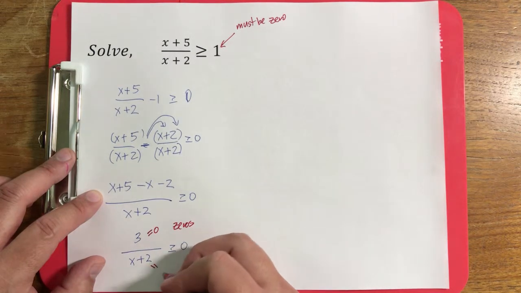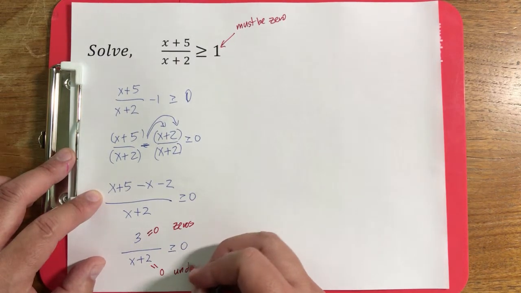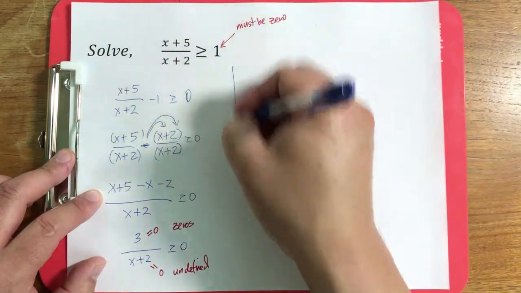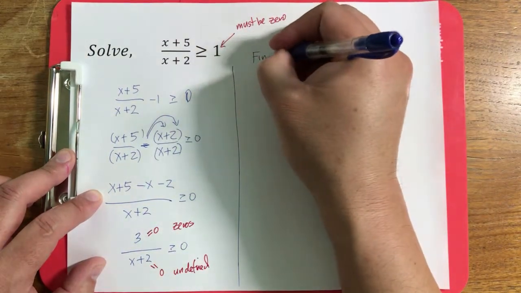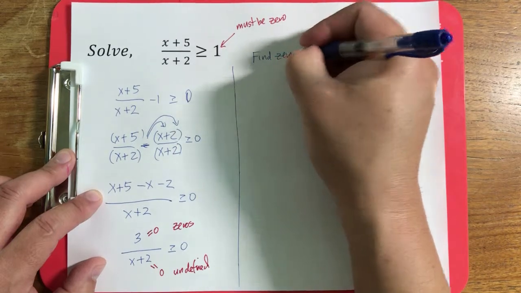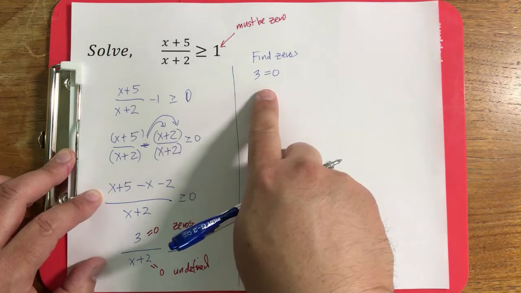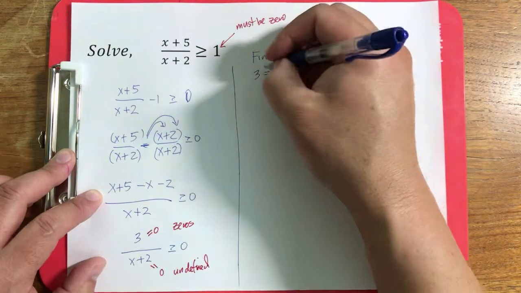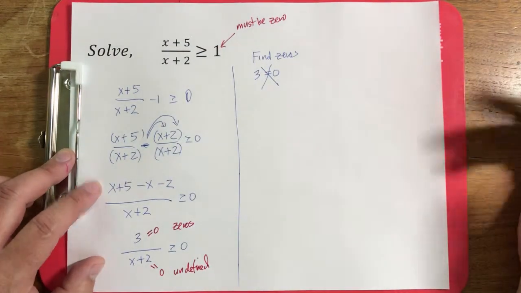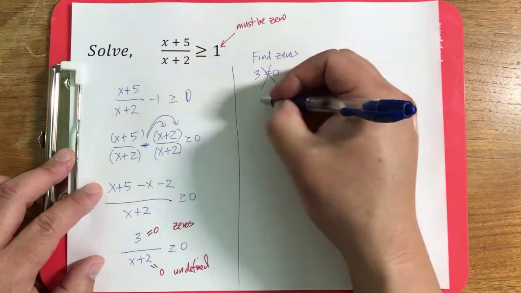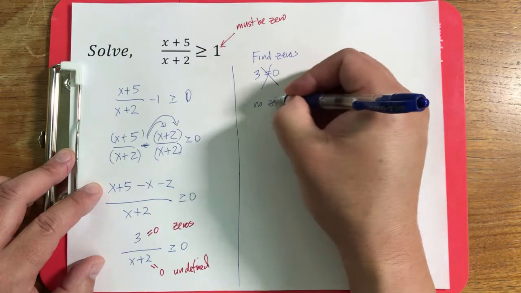And when the bottom is equal to 0, that gives me my undefined. So first let's find the zeros. So we have 3 is equal to 0. Now that's a nonsense equation. It doesn't make any sense. 3 will never be equal to 0. Since we have no variable there, we have no zeros.